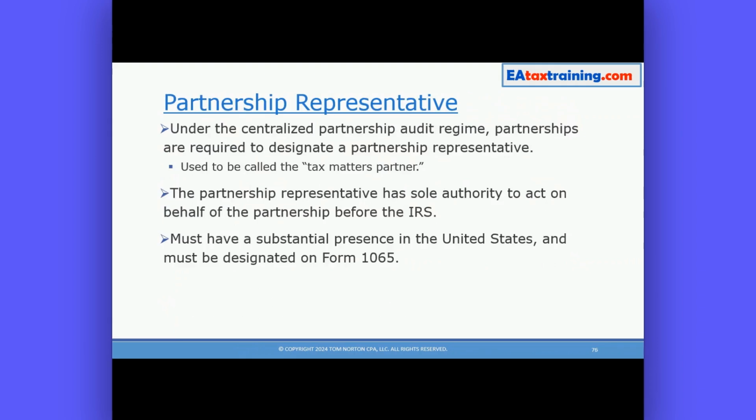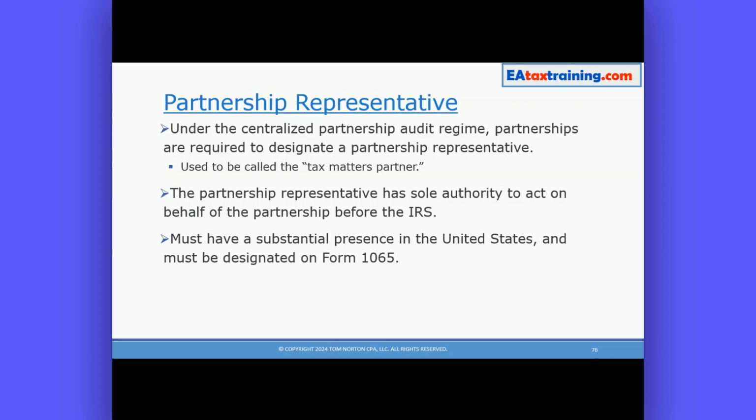Under this regime, partnerships are required to designate a partnership representative. Before we had this regime, there was something called a tax matters partner, so this took the place of a tax matters partner. That representative has sole authority to act on behalf of the partnership before the IRS.